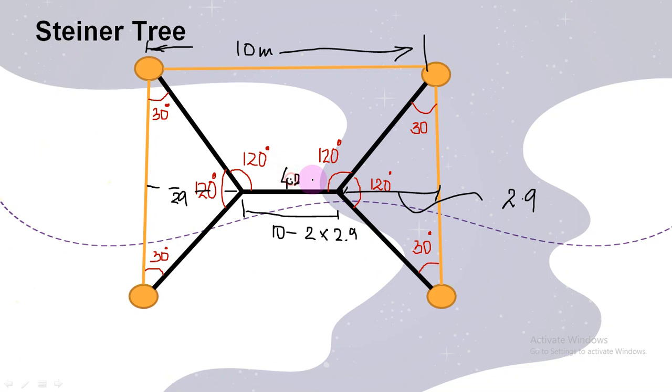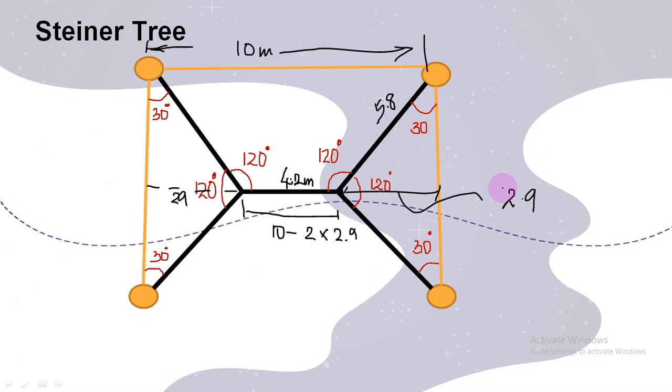In the same token, this forms the hypotenuse of this particular triangle with sine 30. With sine 30 as the trigonometrical unit, sine 30 equals 2.9, that is opposite by hypotenuse. Therefore we will get the hypotenuse value to be 5.8 units or 5.8 meters.